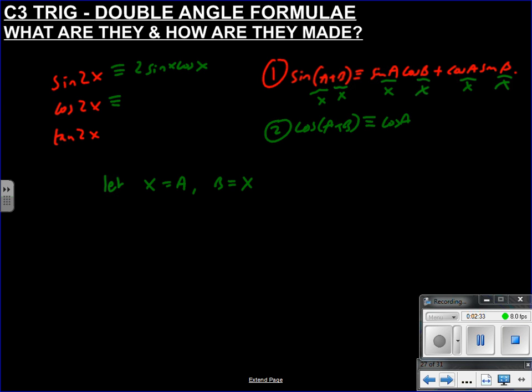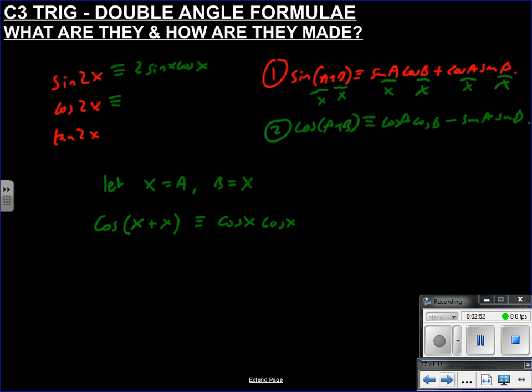Cos A cos B from our addition formula, minus sine A sine B. If we do the same, let x be A and let x be B, we get cos x plus x, which is cos 2x.